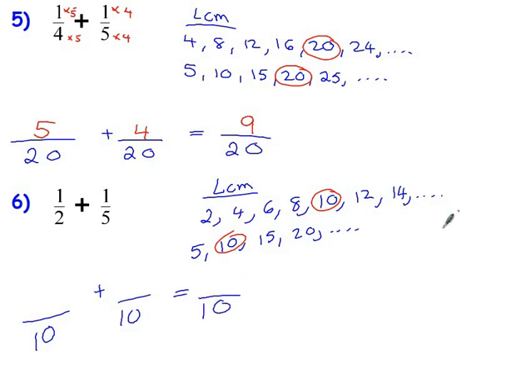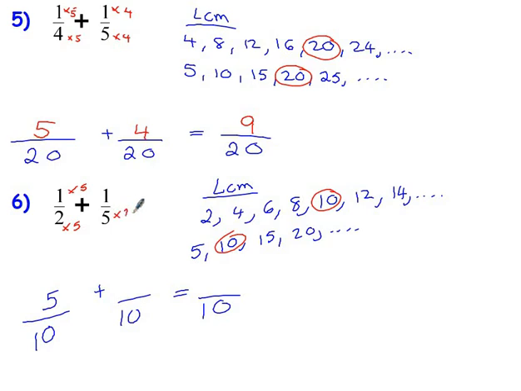We now need to work out the equivalent fractions. So how many 2's go into 10? Well, that's 5. So we times the top by 5 as well. So 1 times 5 is 5. And the next one, how many 5's go into 10?